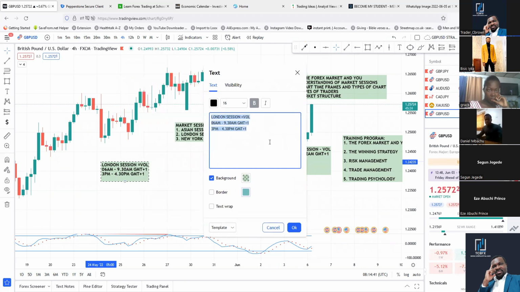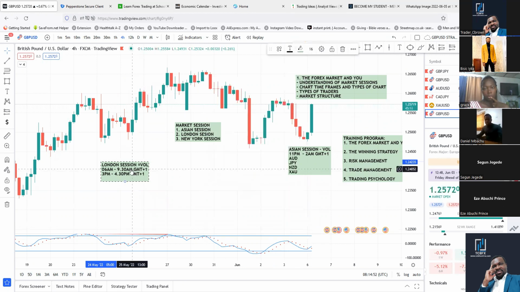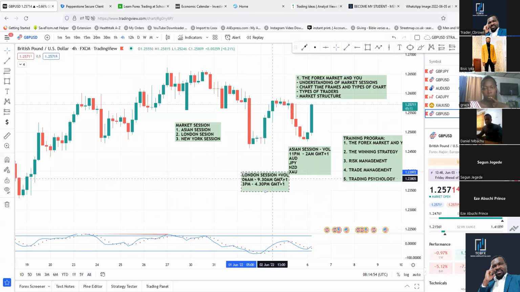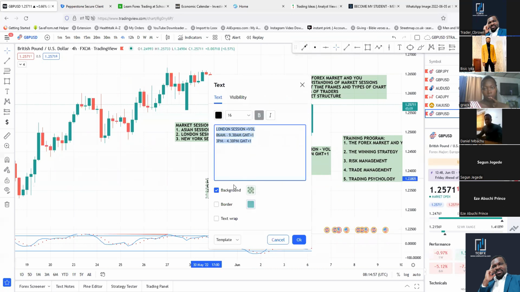Okay, now, having gotten that, I'm done for London section. Let's assume I didn't want to trade in London section. Then you should think about the New York section. But before I continue, what are the currency pairs you should trade in London section?